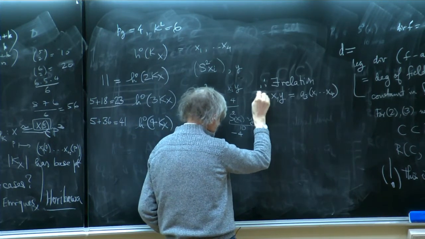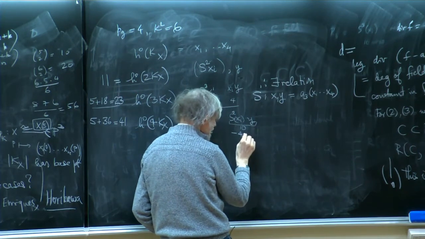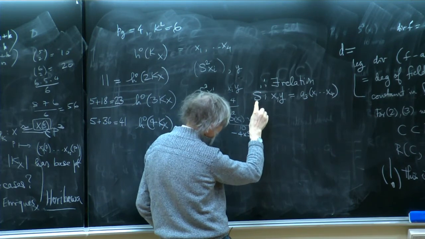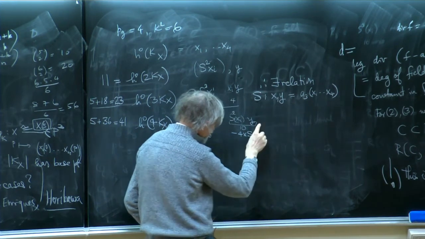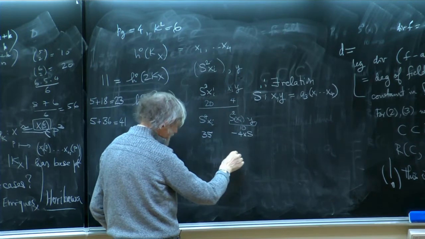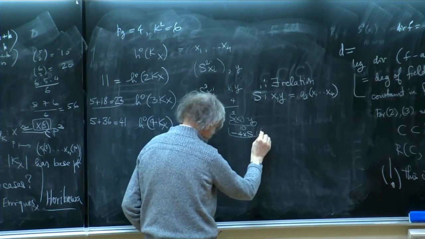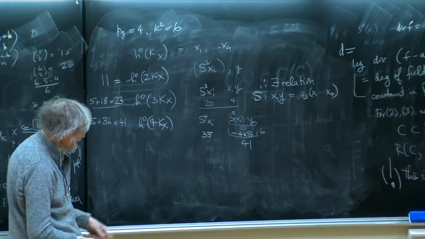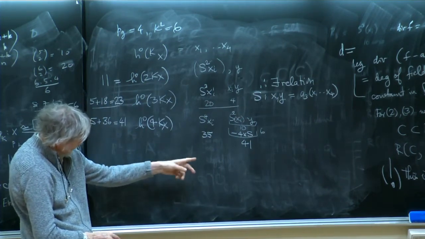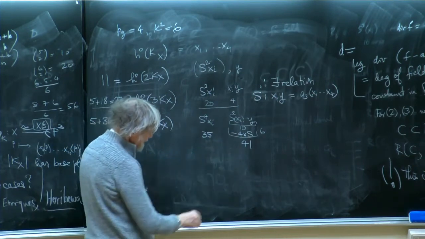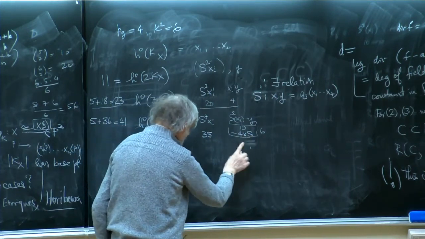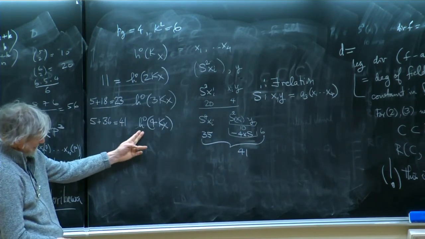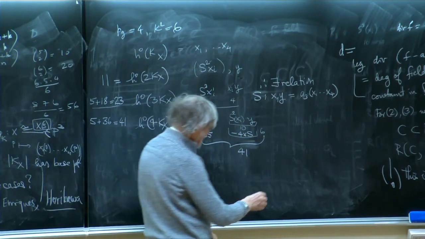So I call this one S. Right? So if I take this relation and multiply it by any of the x_i's, I get a relation between these monomials. Right? So this leaves 6. This is 41. Right? So if we're very lucky, these 41 monomials will exactly span this vector space, but I've got another guy here.